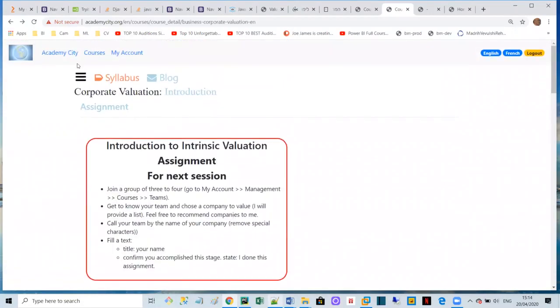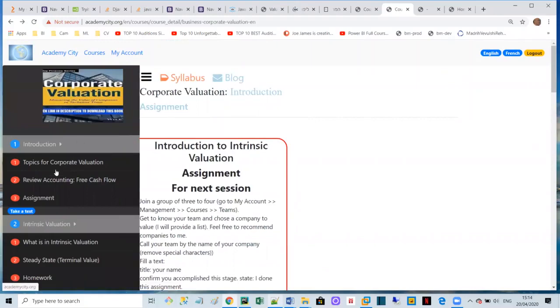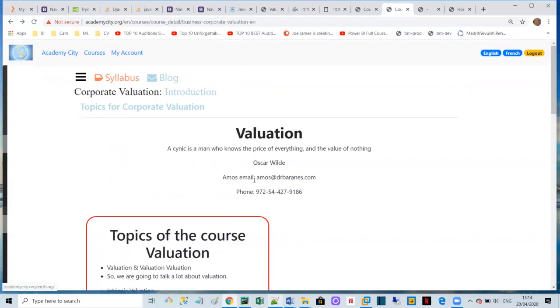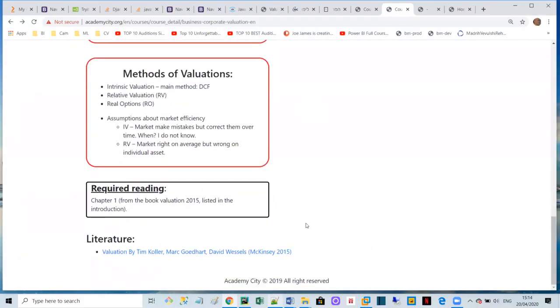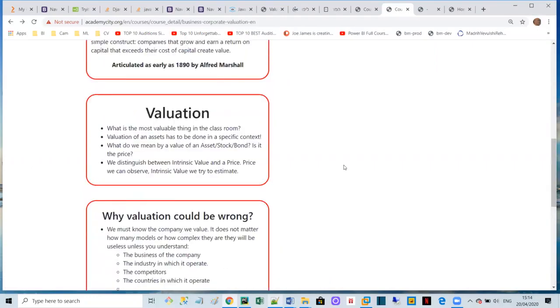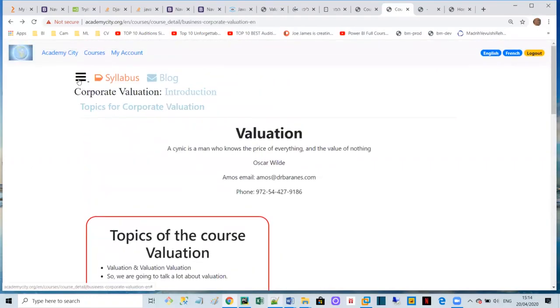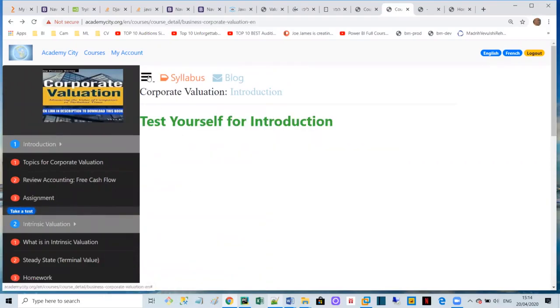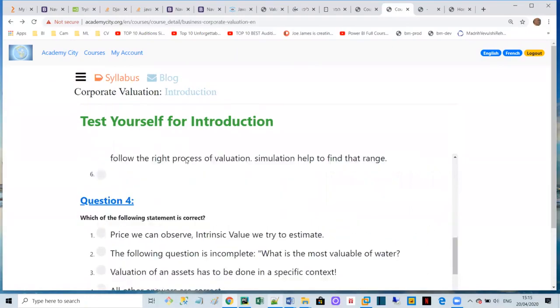That's one thing. Second thing, I would like you to read, please, chapter 1 of the valuation book. It's excellent. Third, go over in your free time, here I'm building up the take-the-test. Just review that. I will add more questions, by the way, okay?